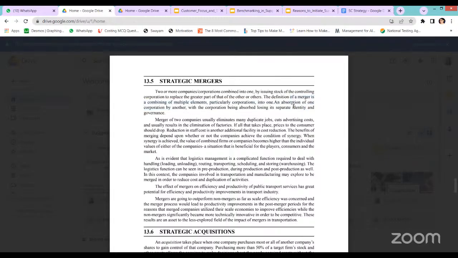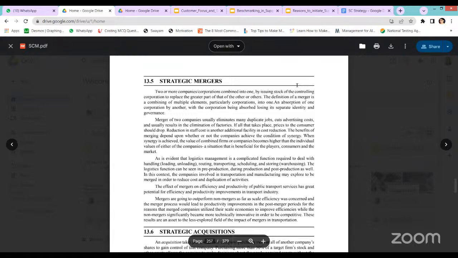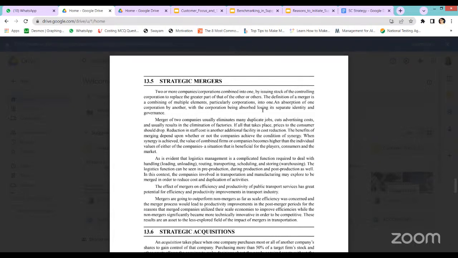Whereas absorption is where one corporation takes over another and absorbs it, so it will not have its own identity. In a merger, they both form as one and come with a new name. Two companies usually eliminate many duplicate jobs, cut advertising costs, and usually this results in the elimination of factories.